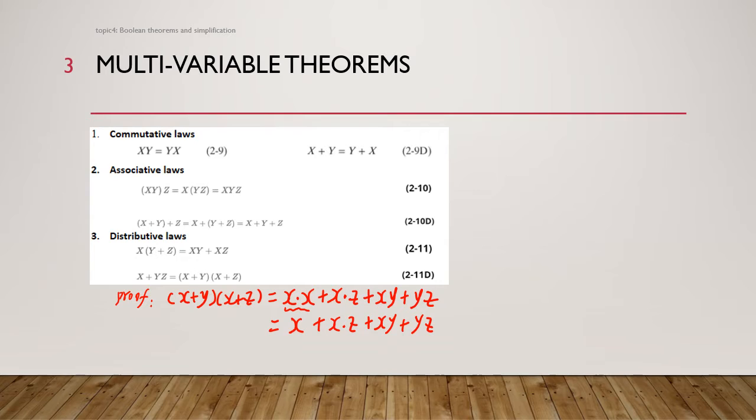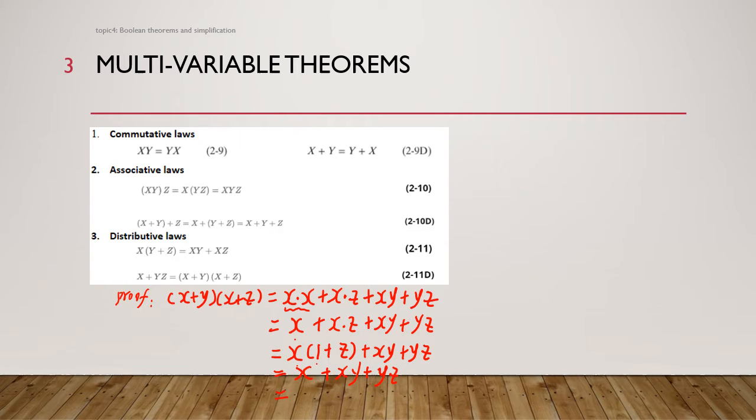Then if we combine the first two terms, we get x AND 1 OR z, OR xy, OR yz. Because 1 OR z always equals 1, and x AND 1 equals x, we get x OR xy OR yz.